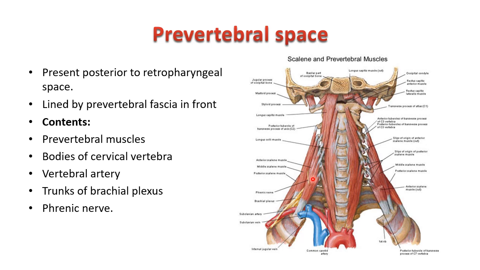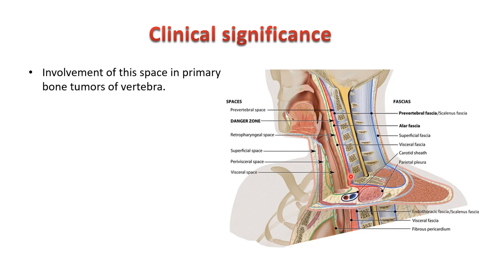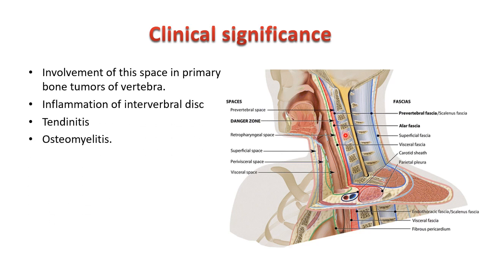That is why, when the brachial plexus comes, it brings a prolongation of this fascia as the axillary sheath. So what happens is involvement of the space in primary tumors of the vertebra, tendinitis of the prevertebral muscles, or osteomyelitis might all form the pathology, or a cold abscess, because of the involvement of cervical vertebra tuberculosis.